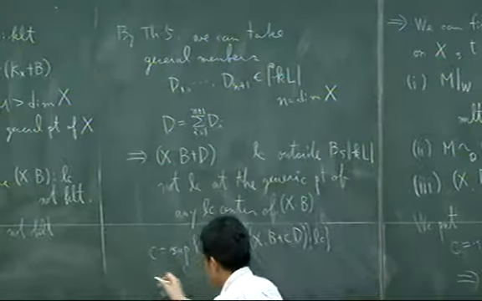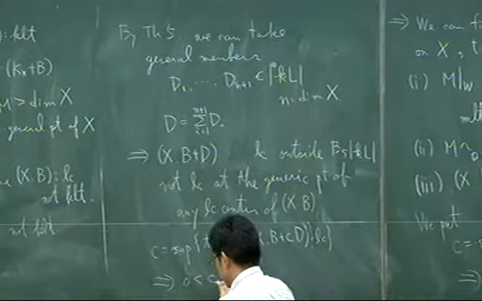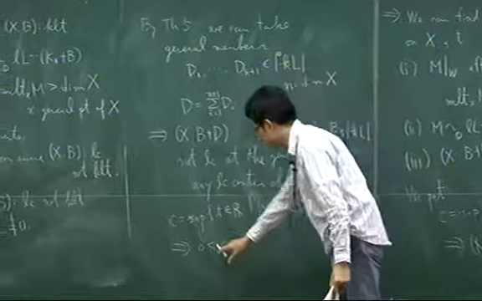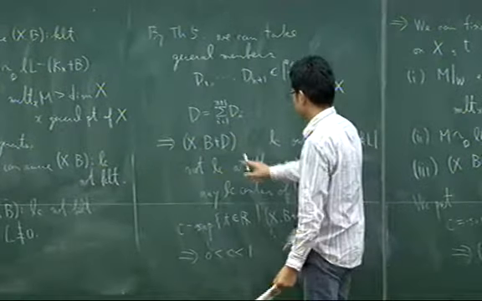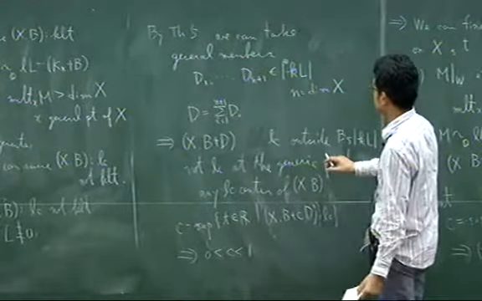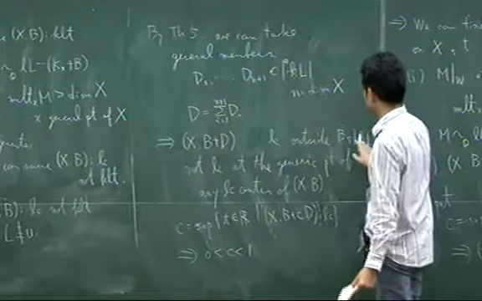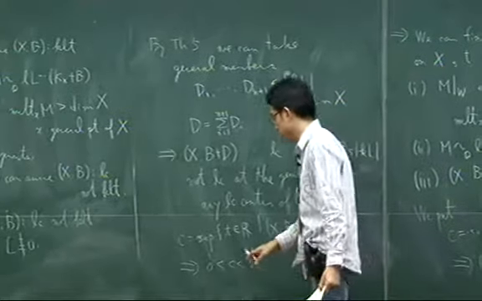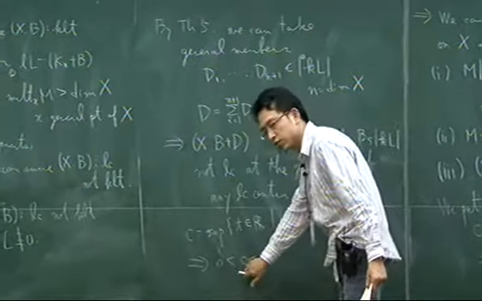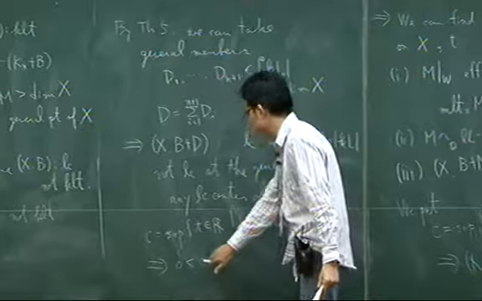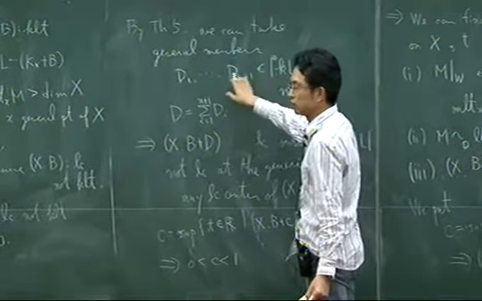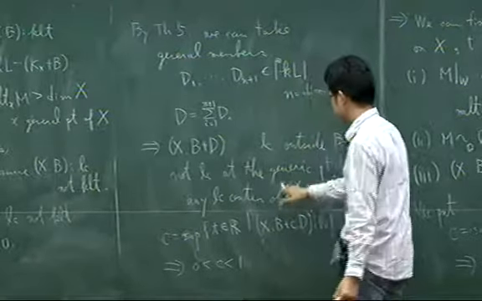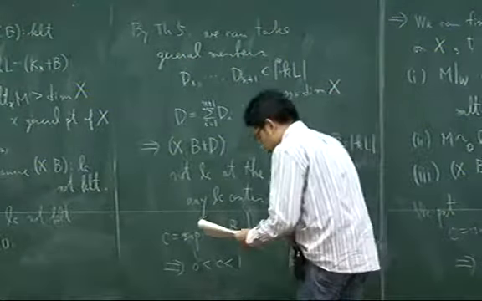Then c is between 0 and 1. It is because the base locus of this linear system does not contain any log canonical center, so c is greater than 0, and c is less than 1 because we take dimension plus one elements.